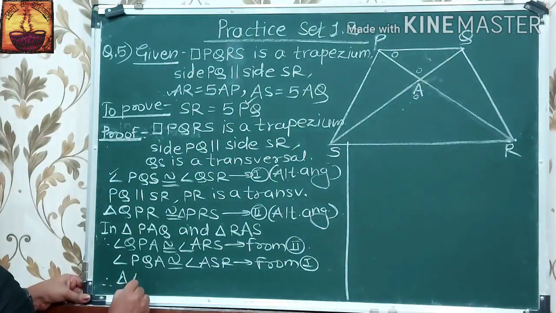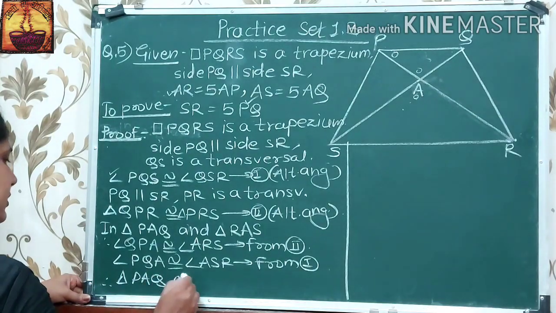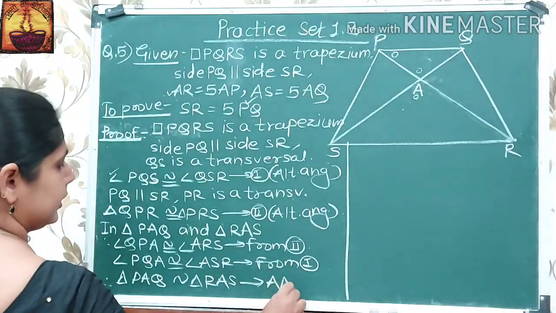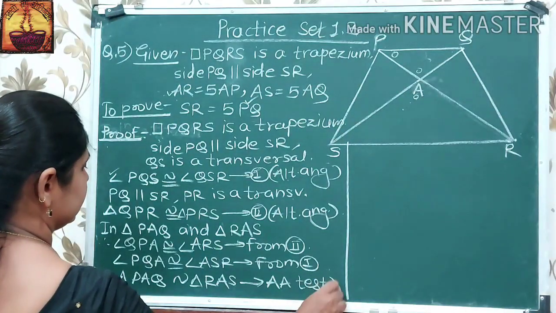Therefore, these two triangles, PAQ is similar to triangle RAS, by the AA test of similarity.